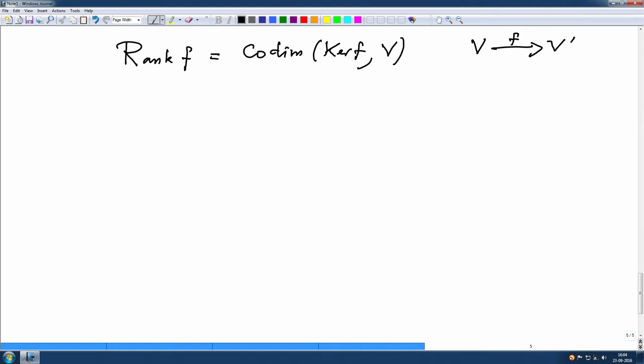Okay, now I want to introduce a new vector space here. Out of f we get it. Suppose f is a k linear map from V to V prime. Then we have two subspaces attached to f. One is the kernel of f and the other is the image of f.